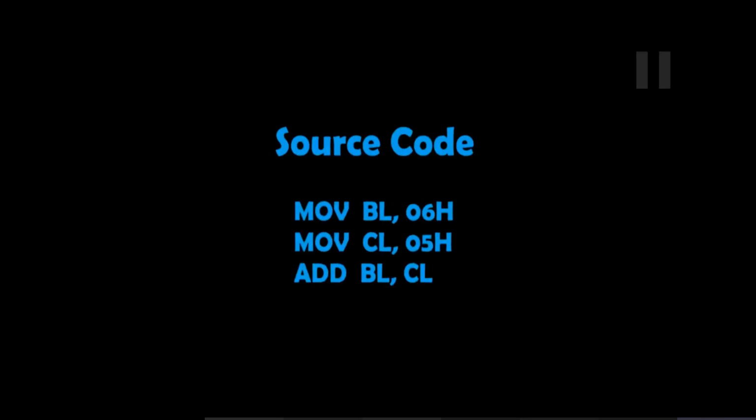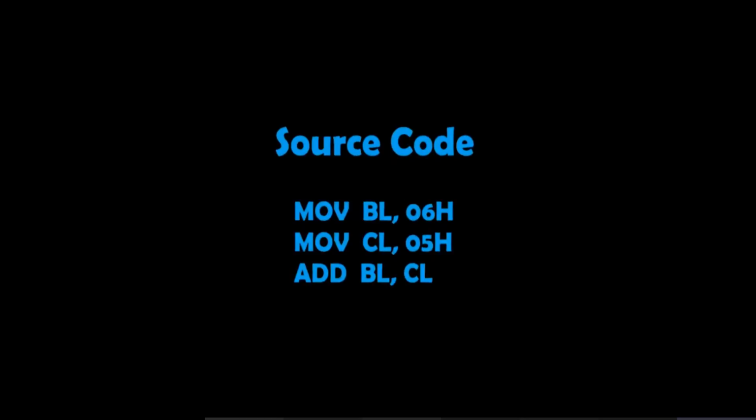This is the example code we are having. Fine. First code is MOV BL, 06H. 06H is the operand which is getting stored in BL. Fine. Second is MOV CL, 05. So 05 will be copied in CL. Then addition of these two, BL and CL, 06 and 05 will be added, and the result will be stored somewhere.